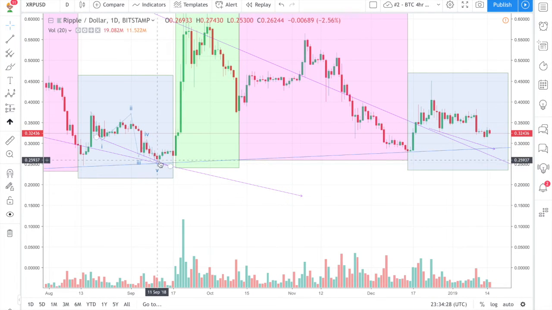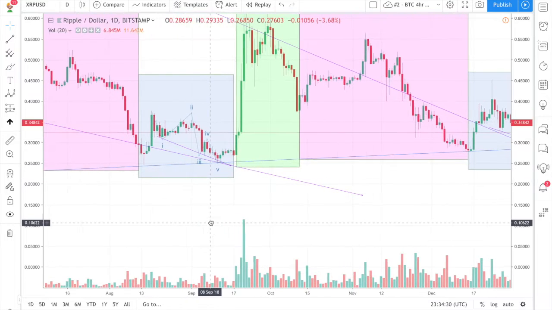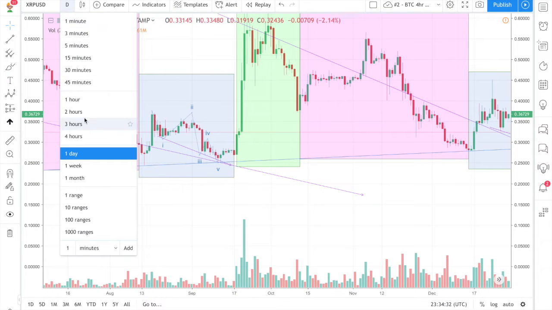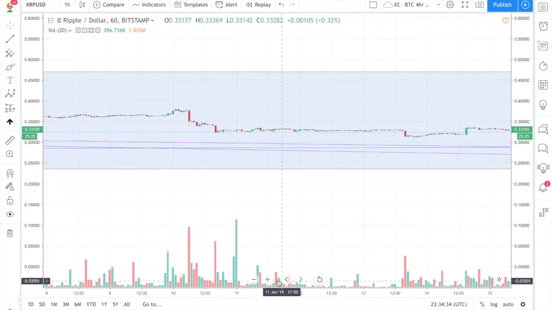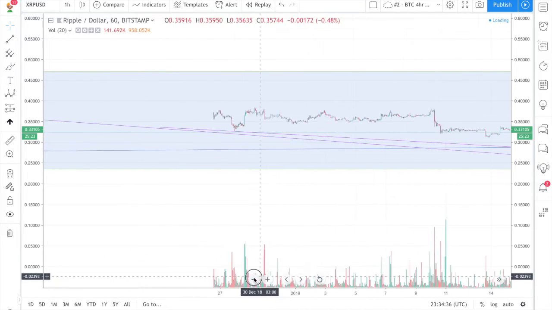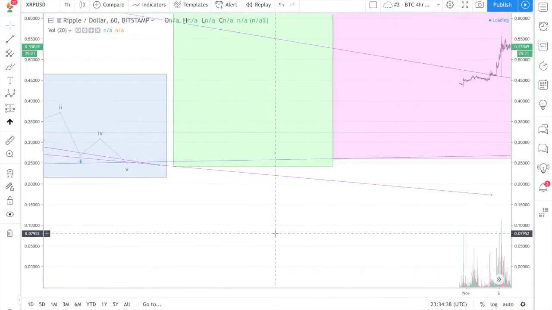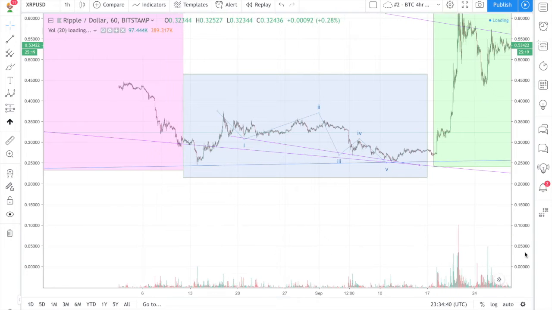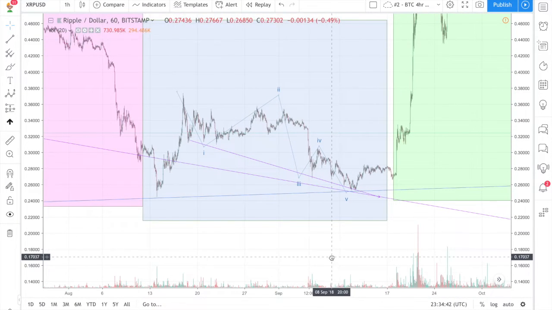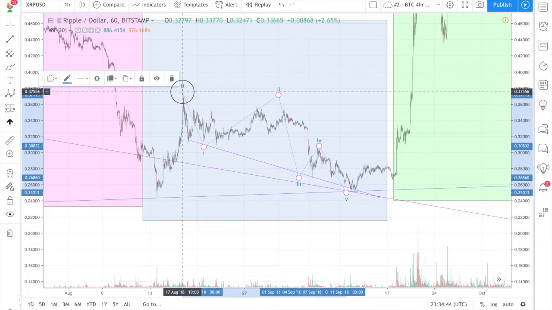This one down the bottom, if we go on to a lower time frame, where we go into an hour, let's have a look and we'll just see what kind of pattern we got to, whether it was just a straight impulse wave or whether it was something else. So here's our waves here.